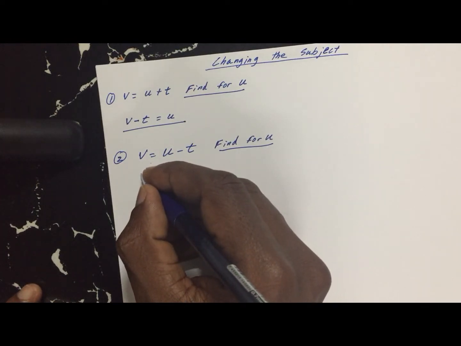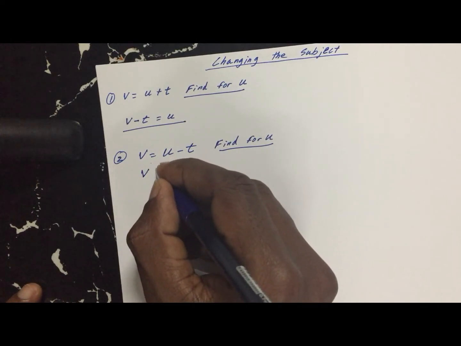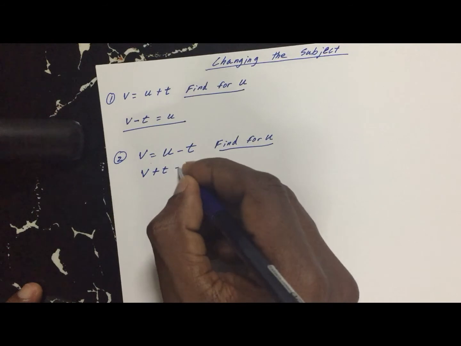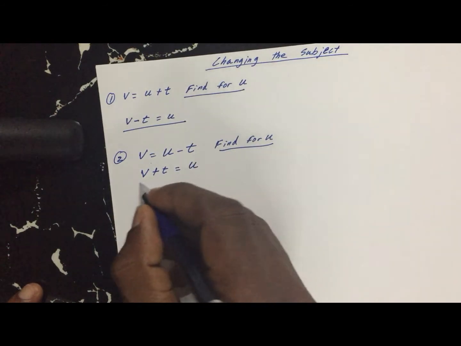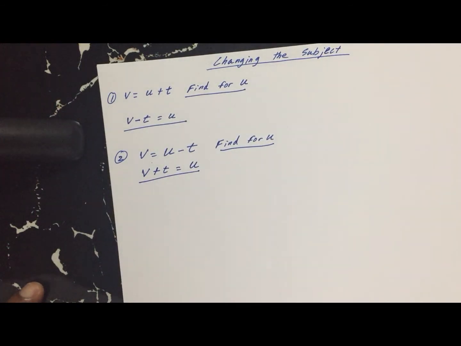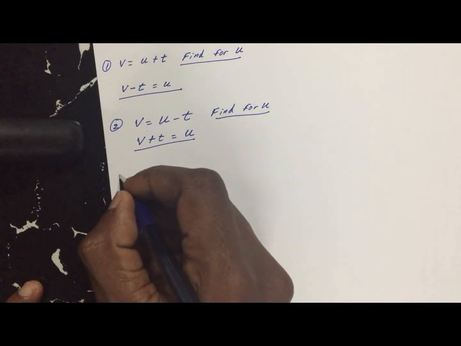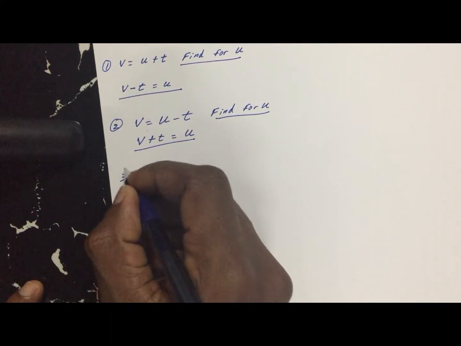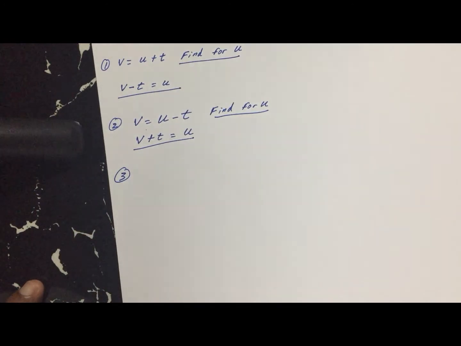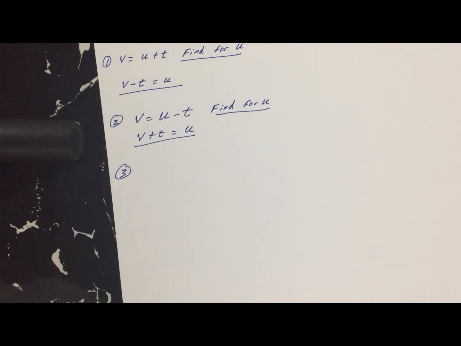So that therefore will give us v plus t is equal to u. There goes. Pretty simple, huh? Alright, we're going through a pretty simple topic. Even though at times it gets a little tricky, once you understand the main principles and you take your time and apply it, there's no problem.